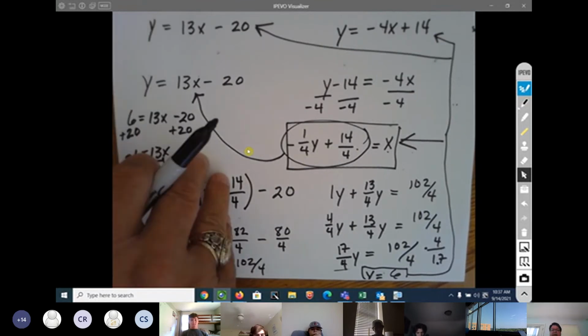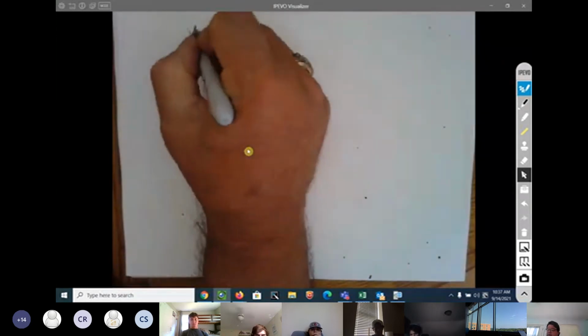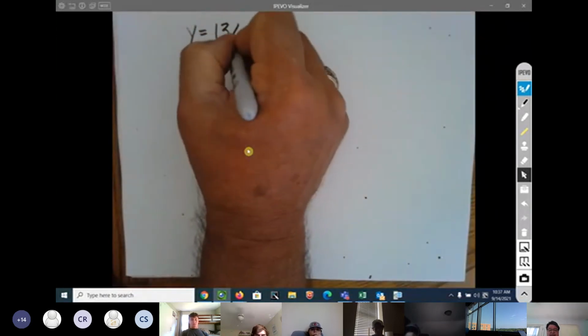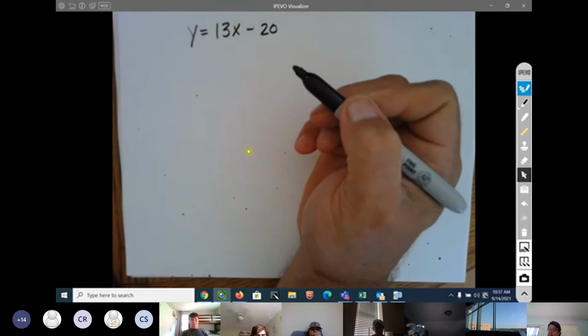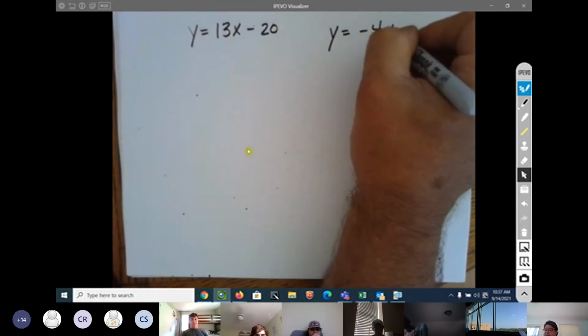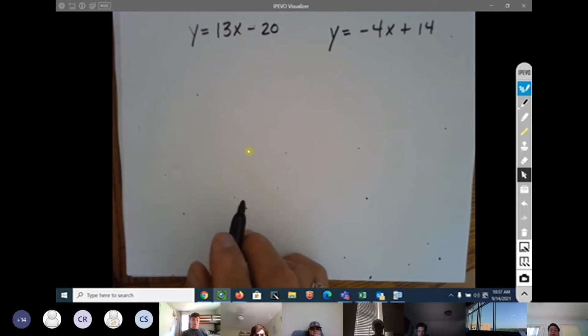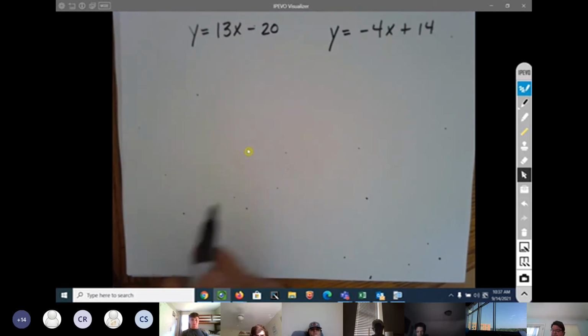Now let's do elimination. Y is equal to 13x minus 20. Y is equal to negative 4x plus 14. Now, when you do elimination and substitution, I'm going to write this down in red.